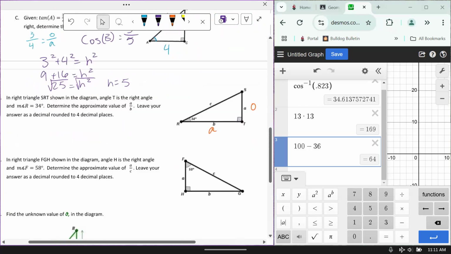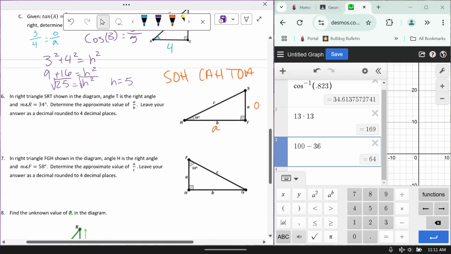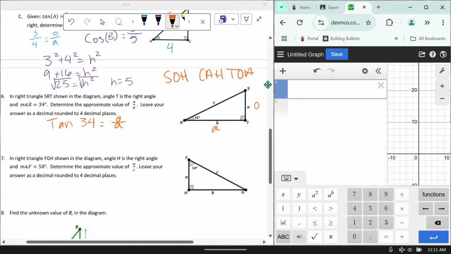So if we look at our SOHCAHTOA, that's TOA, opposite over adjacent. So we would actually have tangent of 34 equals O over A, right? So all you do is use the tangent function of 34, to the fourth decimal place.